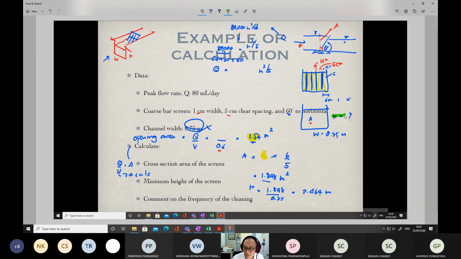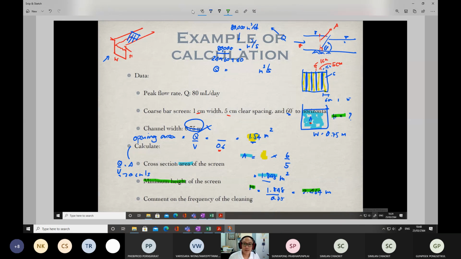So this would be the height of this screen. This one is the height of the screen, and the area of the screen is this one. So this is the entire cross-sectional area of the screen. And finally, we get the area of the screen, and then we also get the minimum height of the screen.